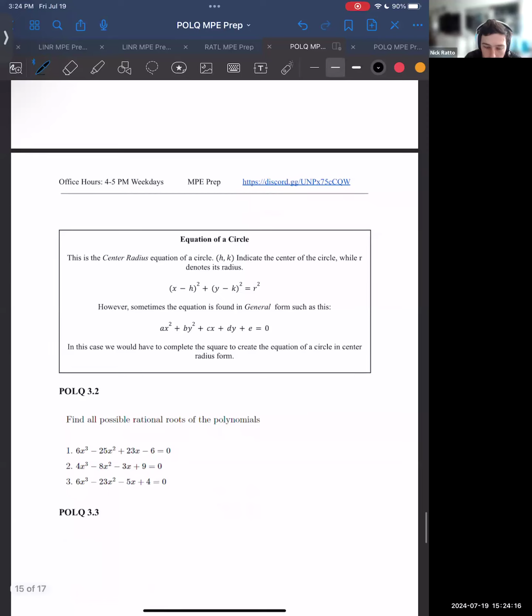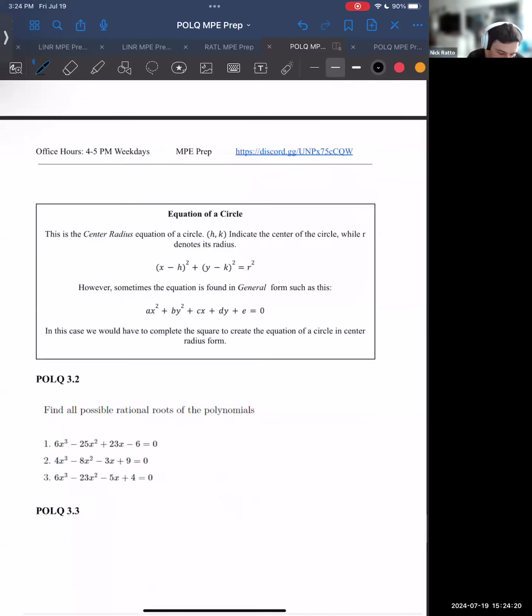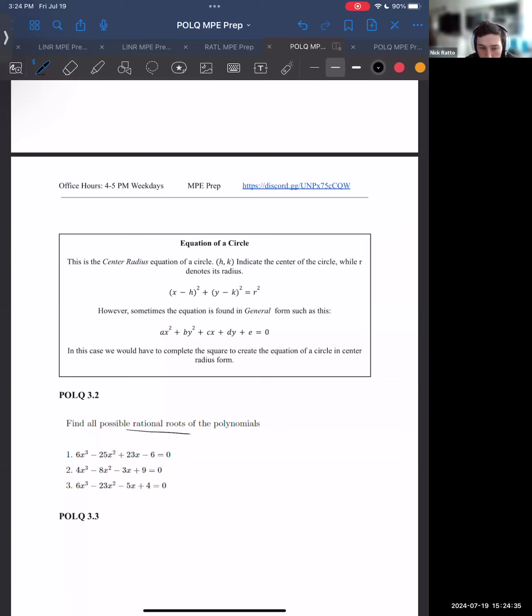So last thing before we do a couple examples. This is interesting. This feels a little misplaced. Rational roots. But last thing we'll talk about is the equation of a circle. So graphing a circle is kind of weird. It is a dual input equation basically, where x and y, it seems, are both inputs.